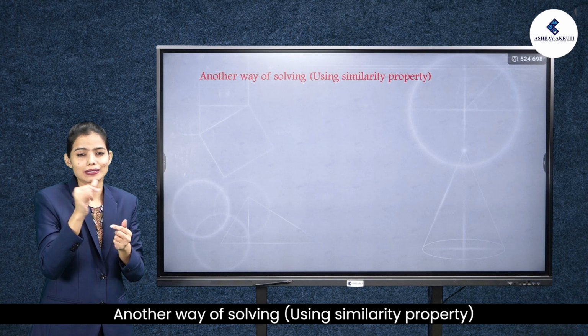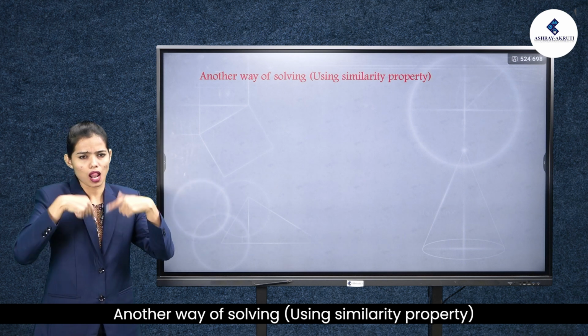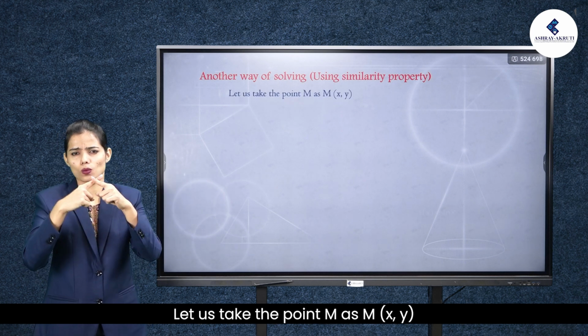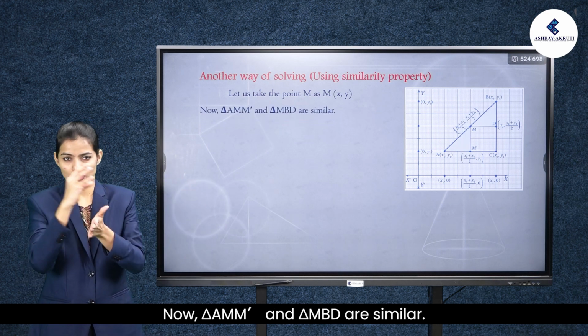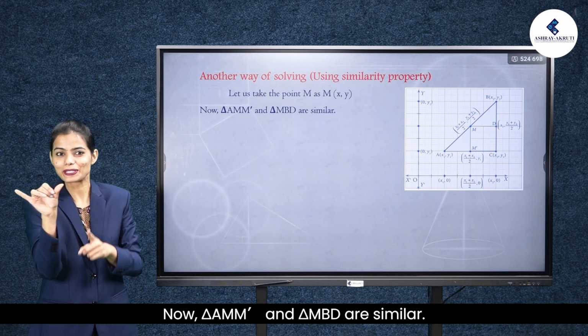Another way of solving using the similarity property. Let us take the point M as M(x, y). Now, triangle AMM dash and triangle MBD are similar.